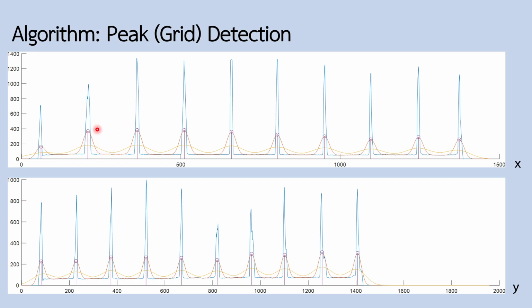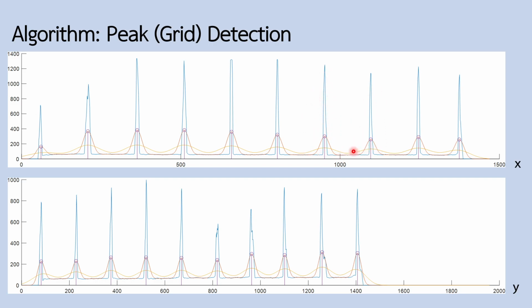You can see I use the orange one and the yellow one because sometimes the blue one will fluctuate a bit, and that causes the orange one to go up a bit and detect it as a peak, but I don't want that, so I find the average between there.